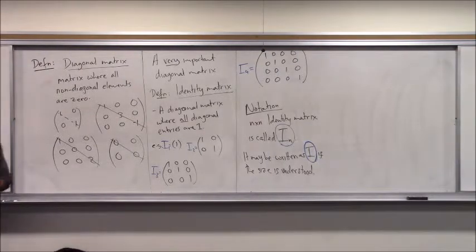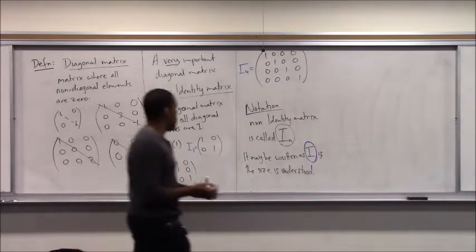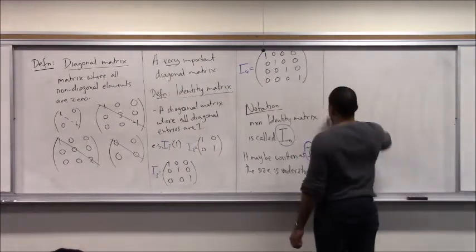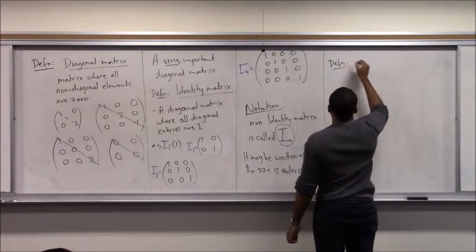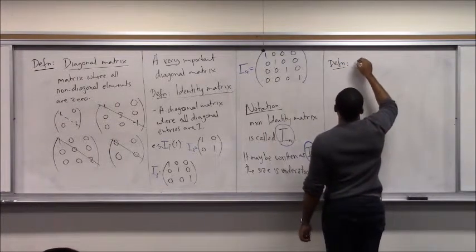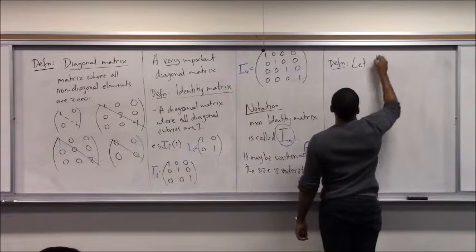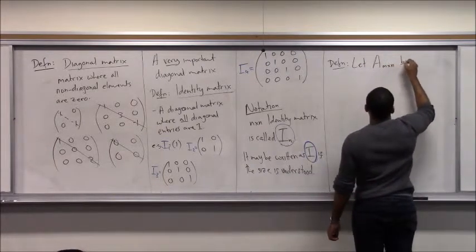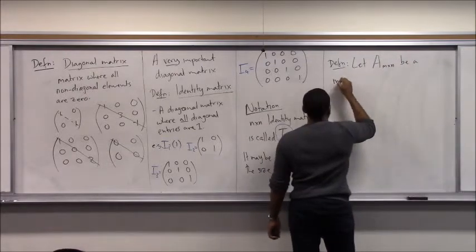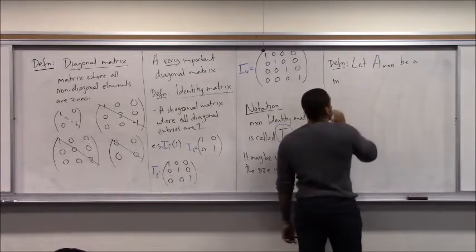Okay, let's talk about transpose, and then I'll show you the calculator. Let A, let's say m by n, be a matrix. So this is a matrix with m rows and n columns.